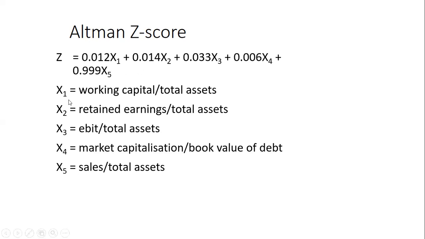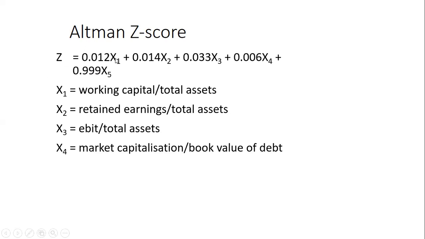But what I was trying to explain is that when you look at the model, the one that seems to be of greater importance because of the weight attached to it is the sales to total assets, because it is supposed to account for 99% of a business being predicted as failed or not.